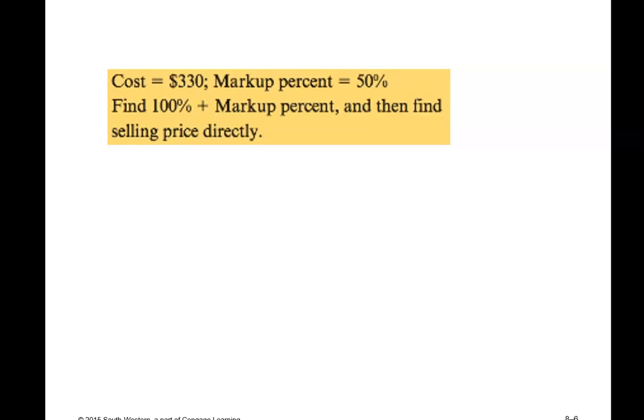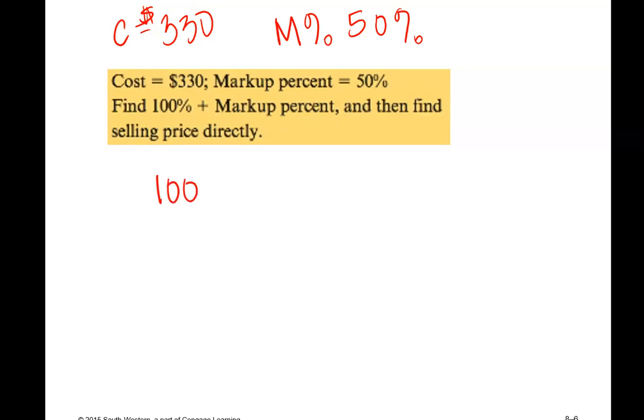Let's see here, the cost of an item is $330. So C equals 330. My markup percent is 50%. Step 1 is to find 100% plus the markup percent. I'll simply take 100% and add the markup percent of 50%, which gives me 150%.